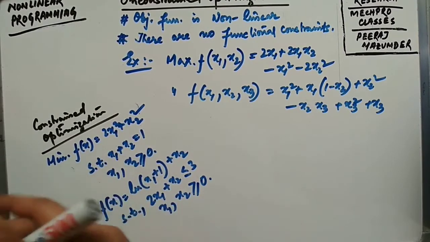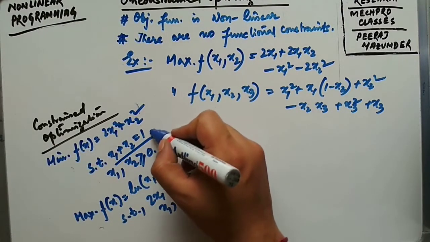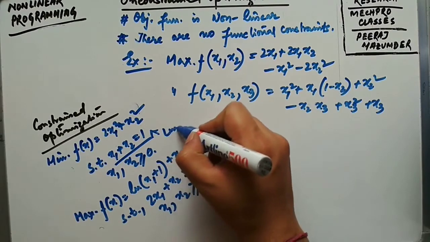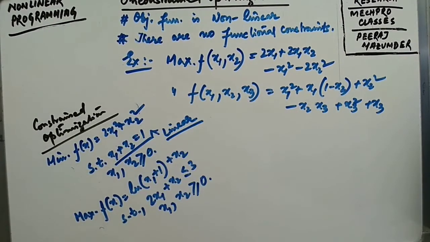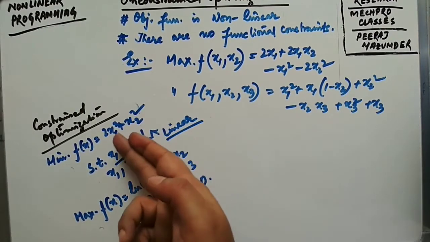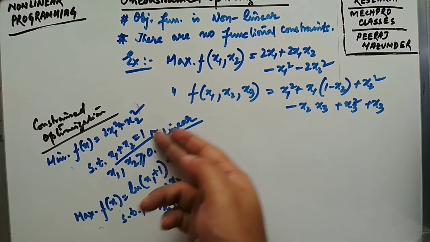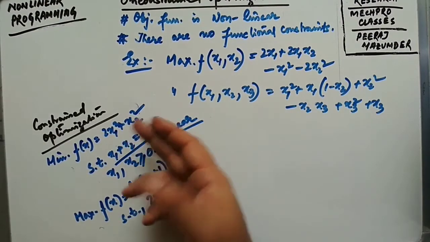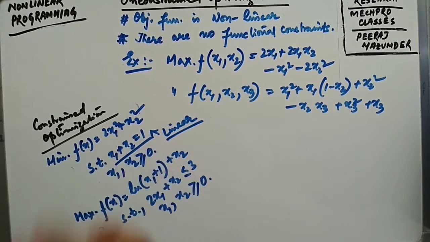Look, this constraint is not nonlinear; it is of linear type. But if either the objective function or the constraint equations are nonlinear, then we have to perform nonlinear programming on these equations.